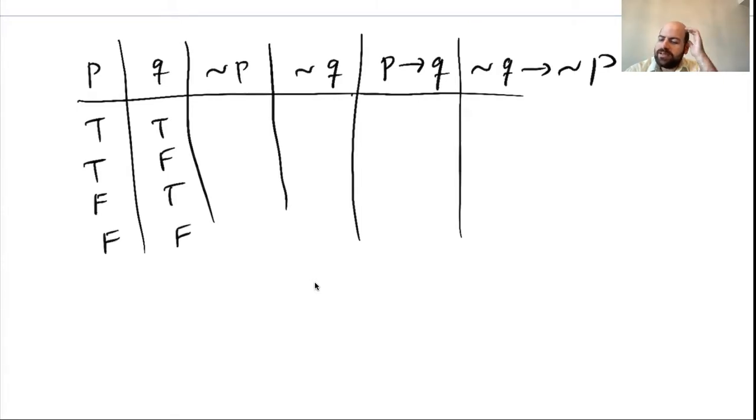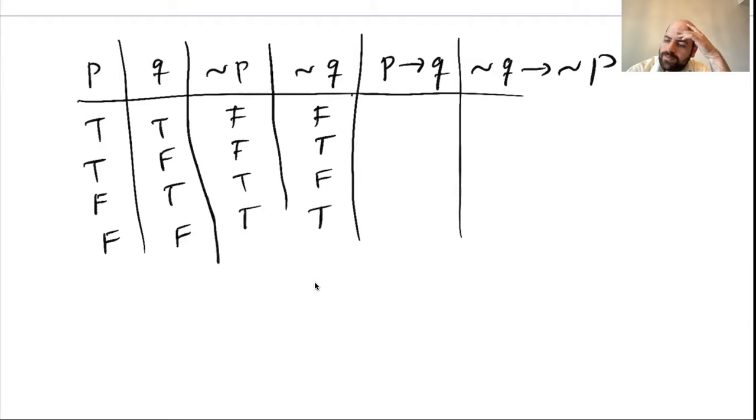So in the first case, if both are true, then both negations will be false. And then the negations are false, true, true, false, and true, true. If both are true here, then true implies true will be true. Negation Q implies negation P will be false implies false, which is also true.